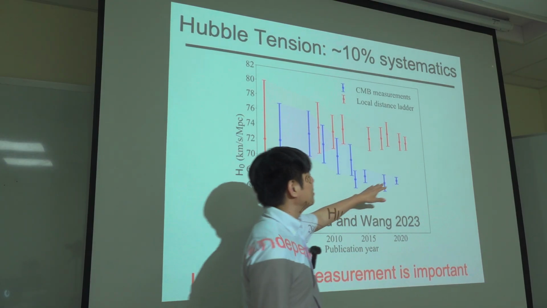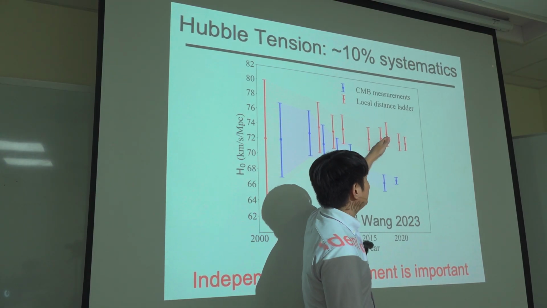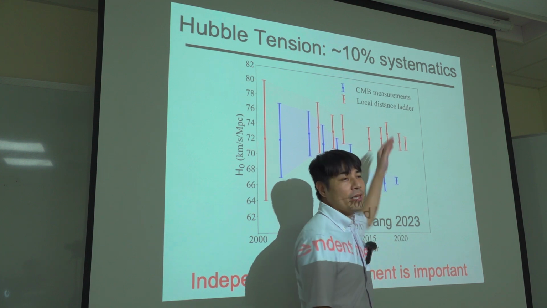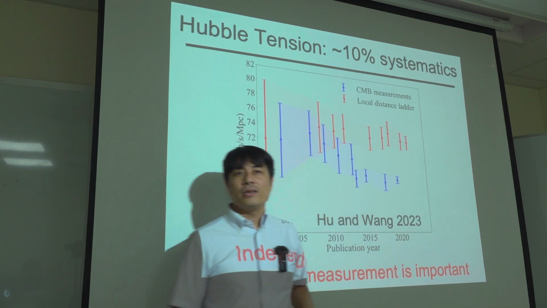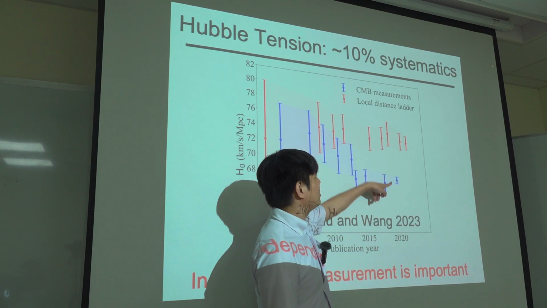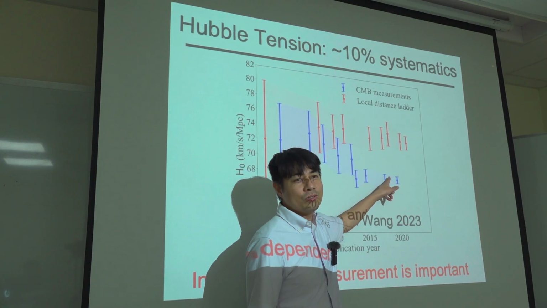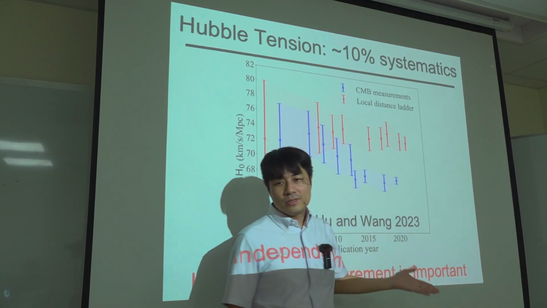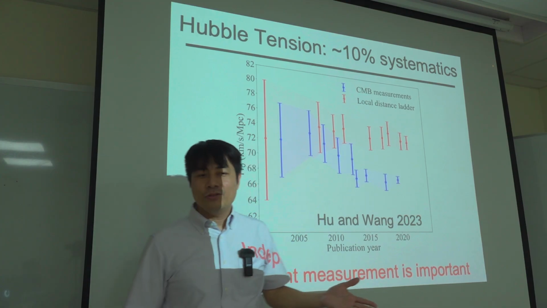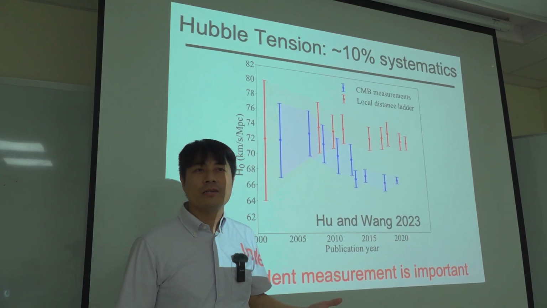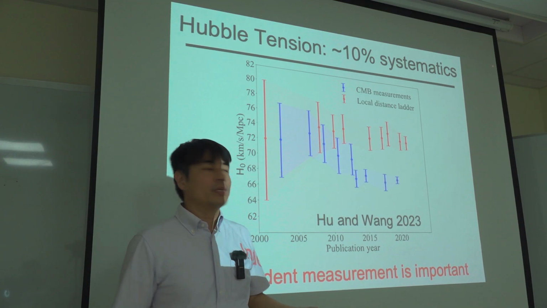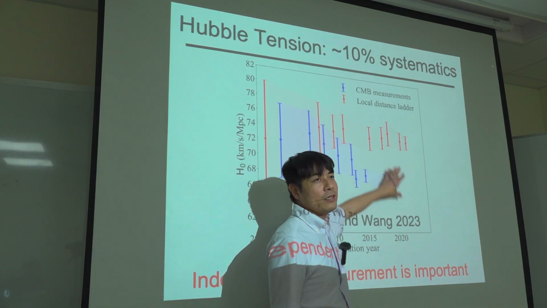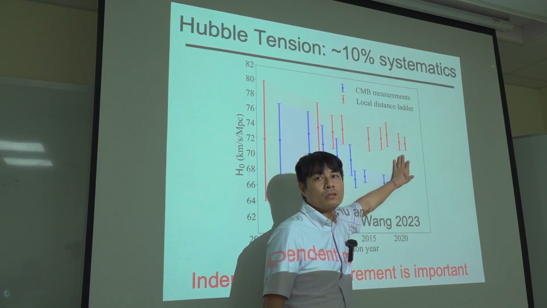One possibility is there may be systematic error in either of these two, or both. There may be unknown systematic error. We don't know what the error is, but there may be systematic error, and that's why we get it wrong.